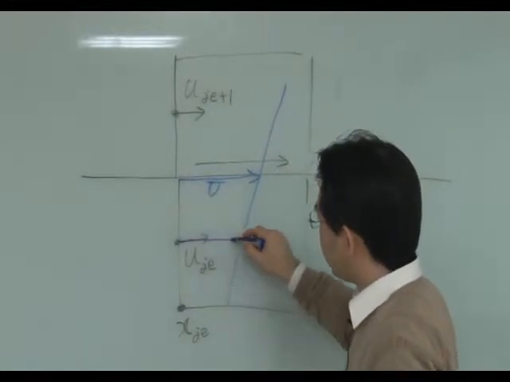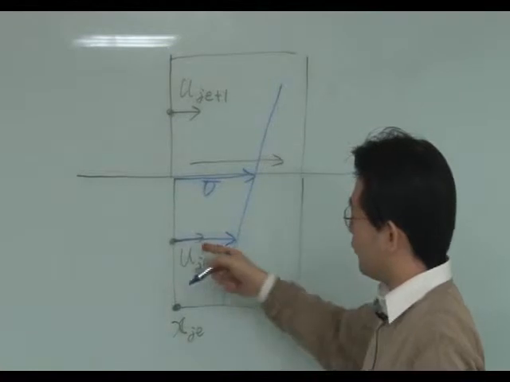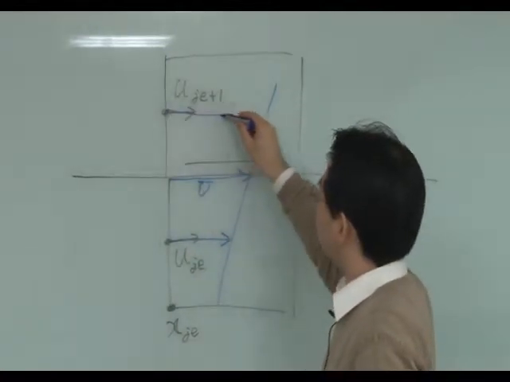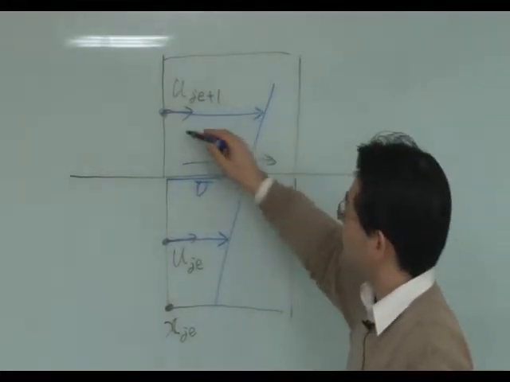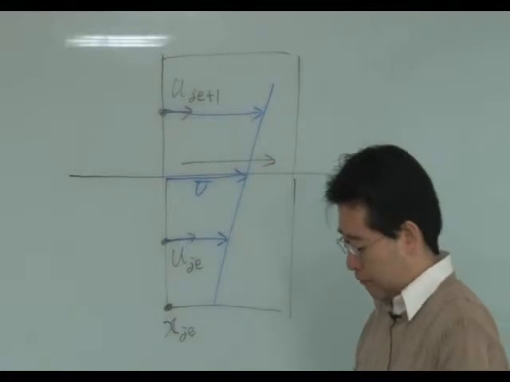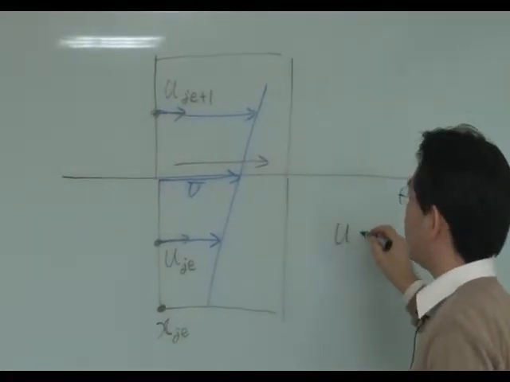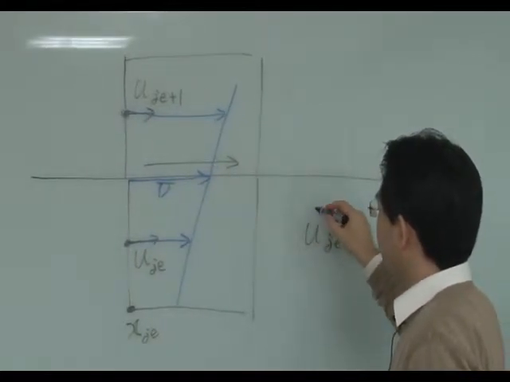If the velocity on this place is this length, the dummy velocity should have this length. The definition is like this: U J E plus 1. This is the dummy.